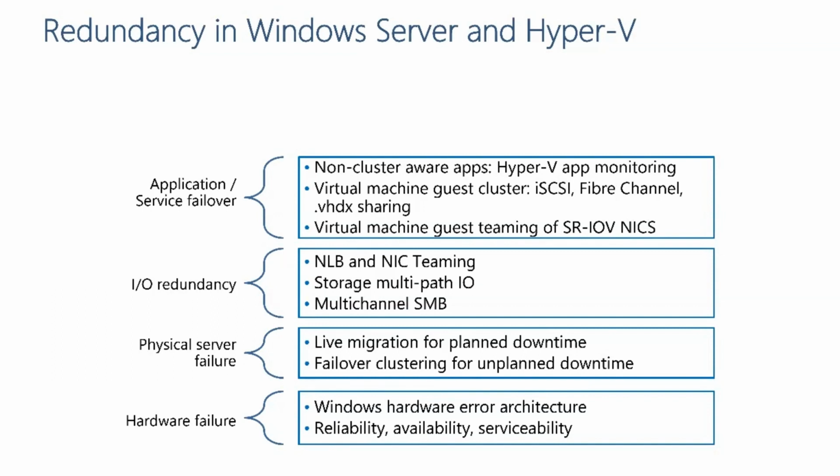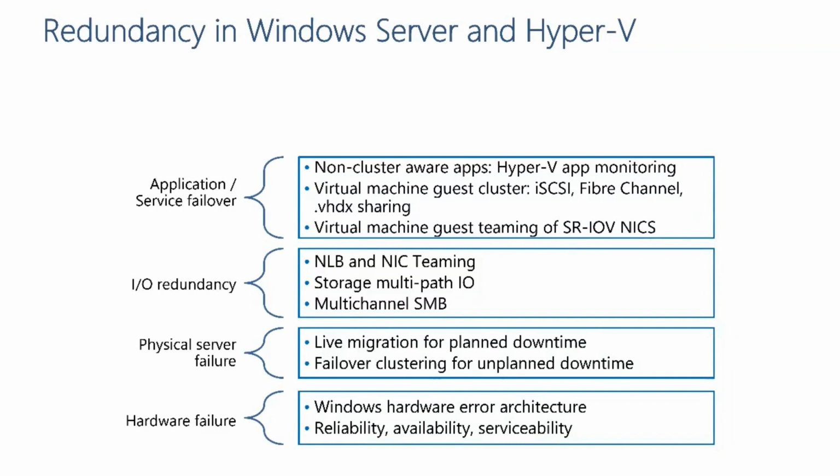What about a virtual machine guest cluster? We can use iSCSI and fiber channel, and we all know those are storage protocols, and we can do what's called VHDX sharing. That means multiple virtual machines sharing the same virtual hard disk, and that's similar but not exactly the same as what we talked about with the VMware fault tolerance.